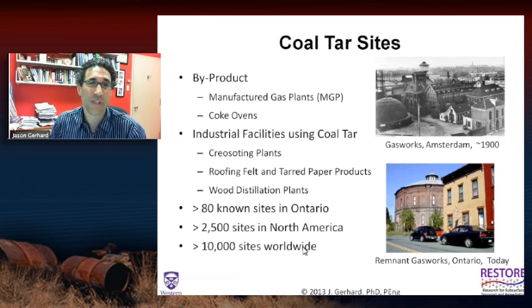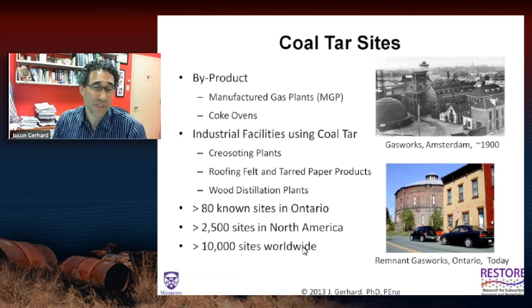So coal gasification plants, otherwise known as manufactured gas plants, would produce coal tar as a byproduct. And it was something that really couldn't be used. And so the coal tar was usually improperly released or disposed of in ways that at the time was probably legal, but now we know was a significant problem, left us a legacy of contamination.